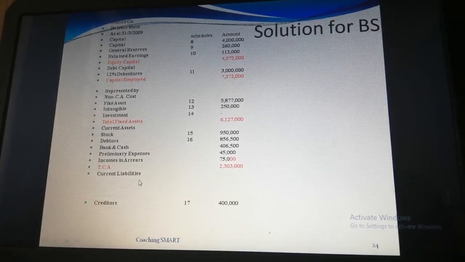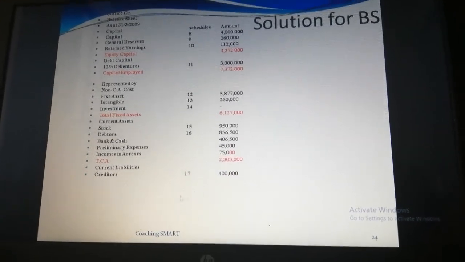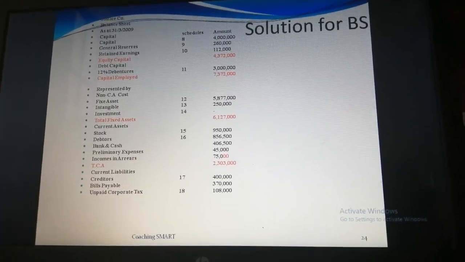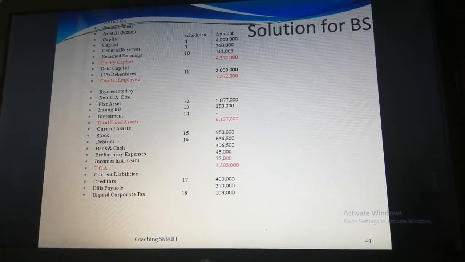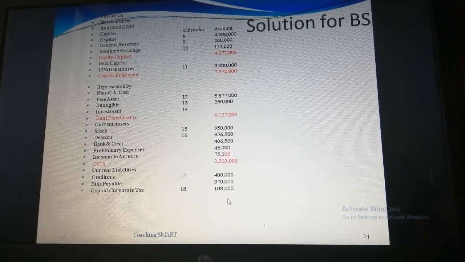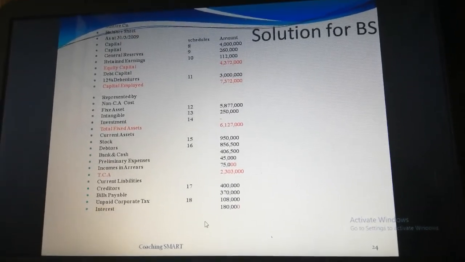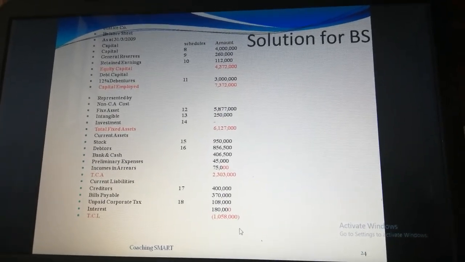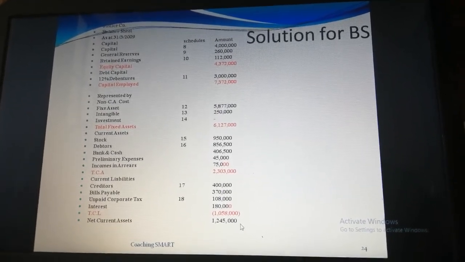Current liabilities, we have creditors, schedule 17, 400,000. Bills payable has no schedule. Unpaid corporate tax, schedule 18, which is 108. Interest 180. When you total this, you get total current liabilities, which is 1,058,000.